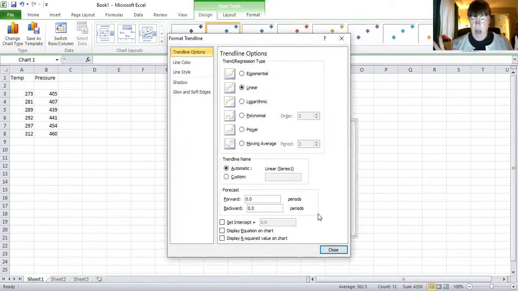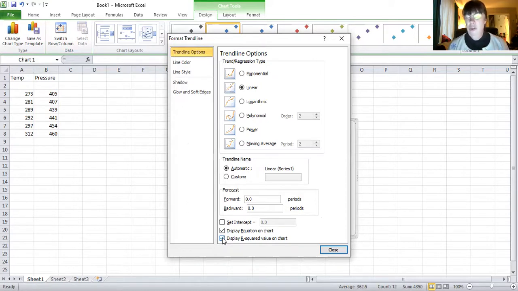Okay, it pops open this box here. We want to see the equation because many of the graphs that you are doing this semester use values of your slope as an important piece of your information. But I also want you to check the box that says R squared.